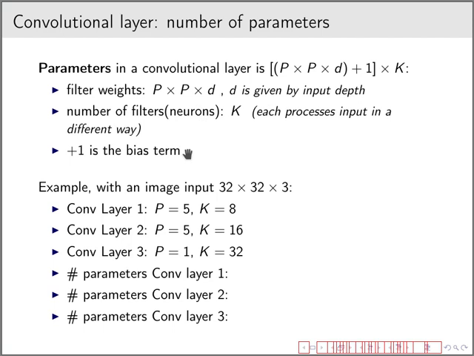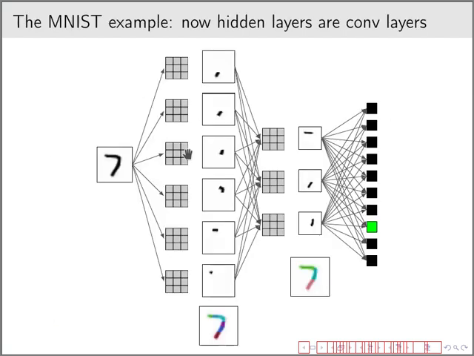So I forgot to mention, but every convolution is not just a regular convolution, it has also a bias term that is summed to all pixels or to all values here equally.